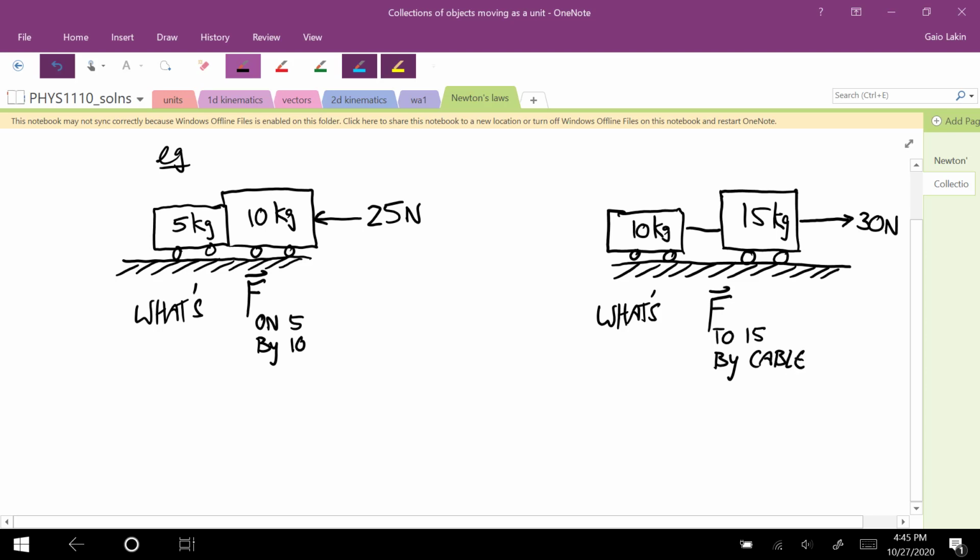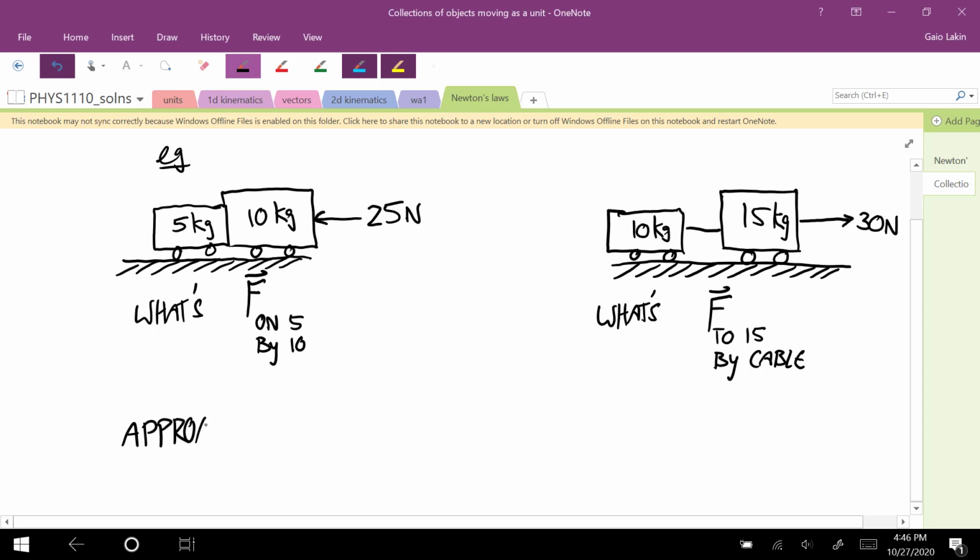Okay. So for these kind of problems, we're going to see that there's a single approach, something that they have in common. And that is that in almost every case, any case where you're not given the acceleration of these bodies beforehand, the first step is to isolate the whole collection of objects together and calculate the acceleration.